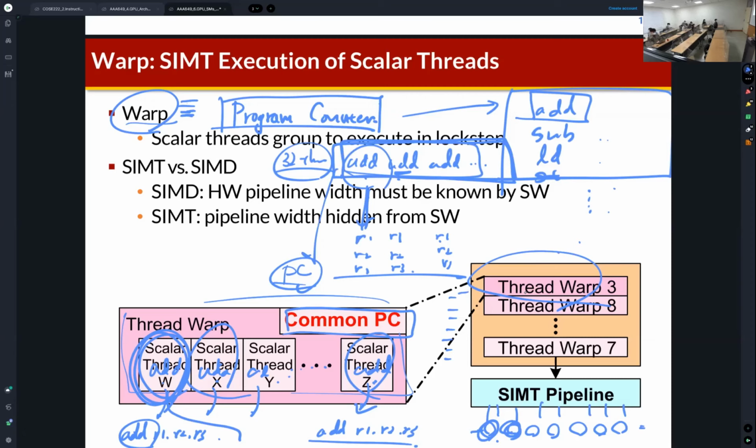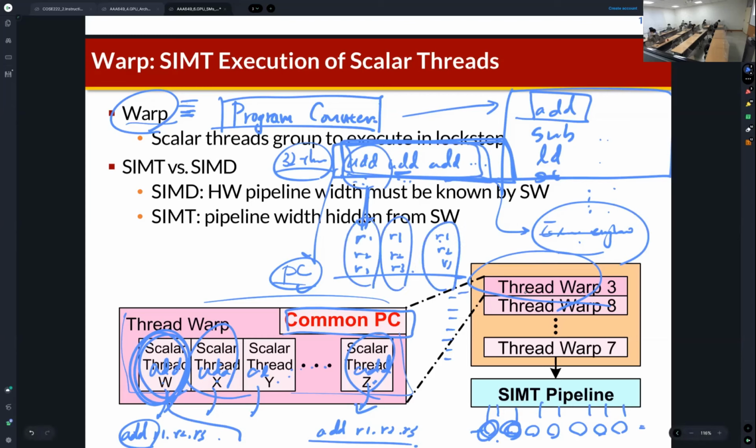Think of it like this: the instructions are the same, so they require the same execution engine and the same execution model, like an addition, but these threads require different data from different register file space.